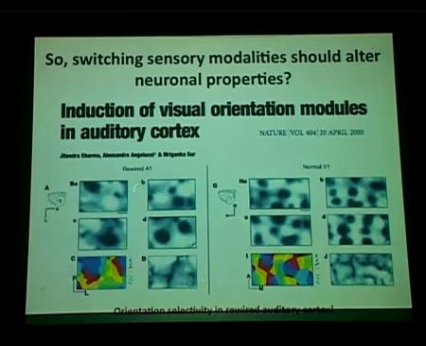Normally you wouldn't have such structures sitting in the auditory cortex, but if you rewire and map the visual input onto the auditory neurons, which now get a new statistics of inputs, you start getting orientation selectivity over there. You also get pinwheels, you get linear zones, all the things that you see over here start appearing in the auditory cortex. So that is one way of experimentally showing this.